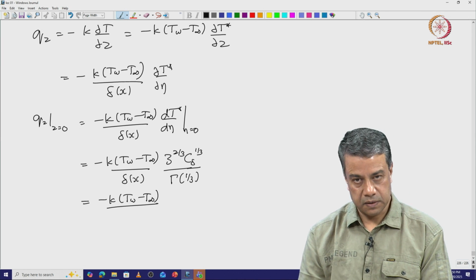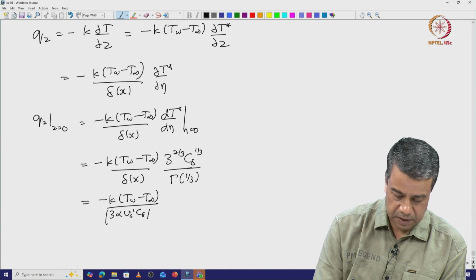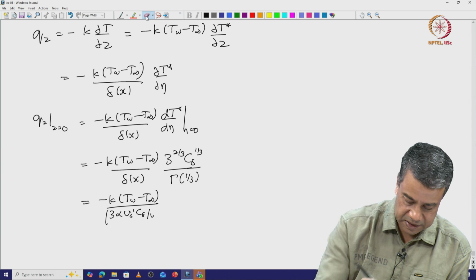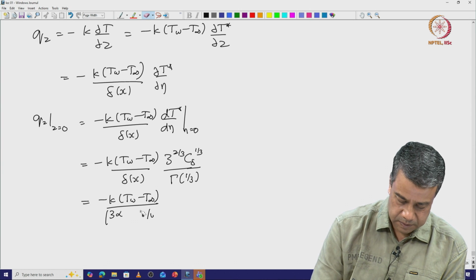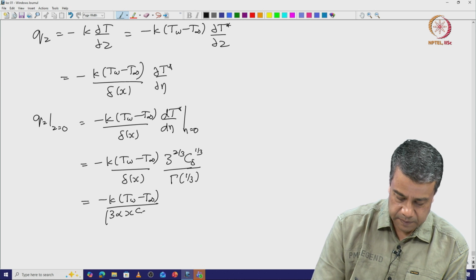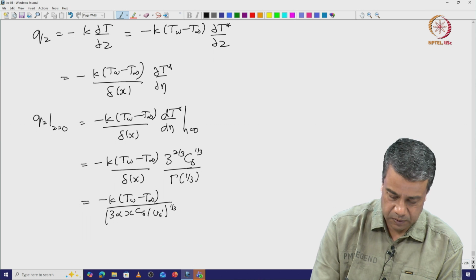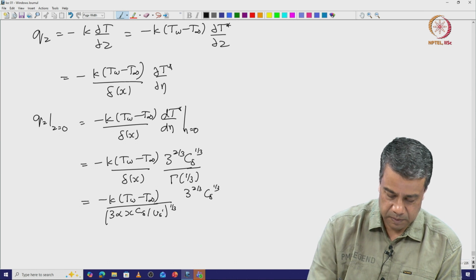Expanding out delta, 3 alpha Vs prime x by C delta by Vs prime whole power 1/3, into 3 to the power 2/3 C delta to the power 1/3 by gamma of 1/3.